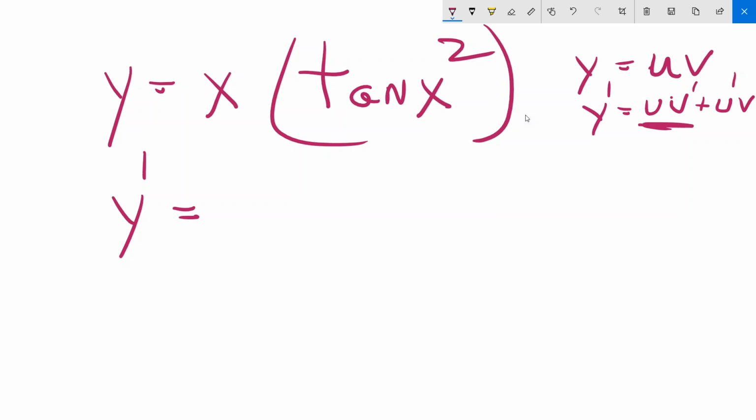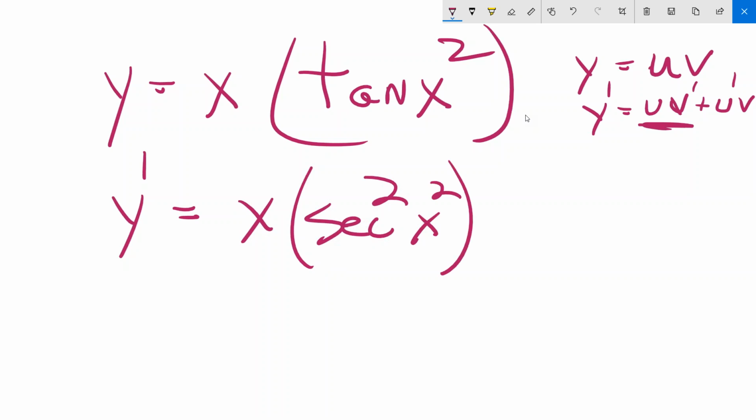All right, so x. Now, figure out what the derivative of tangent of x squared is. Secant squared x squared plus... hold on, got to apply that chain rule. Here's what we're doing: we're doing v prime.